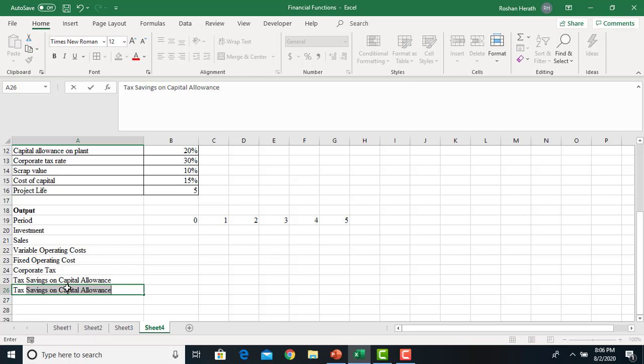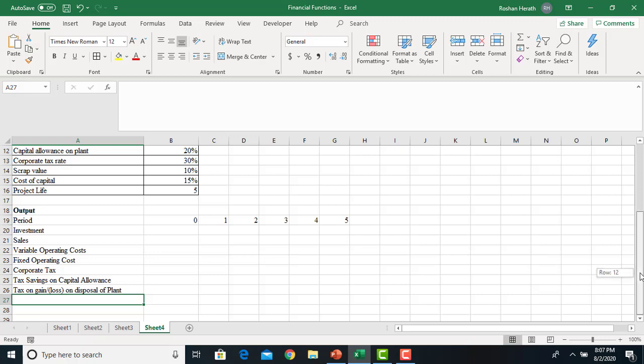The tax on gain or loss. There can be a gain or loss. Gain on disposal of investment. It's a plant or whatever, right? You can identify that. So that is also an important item.